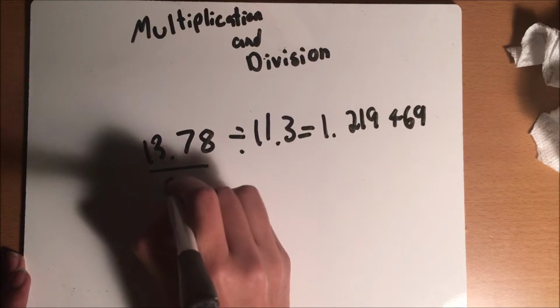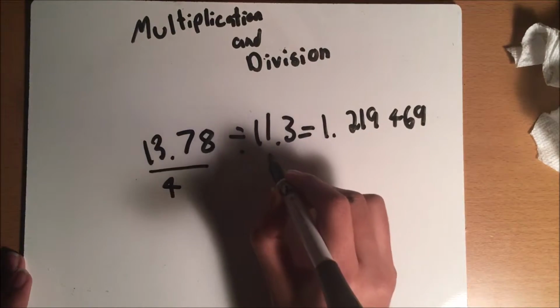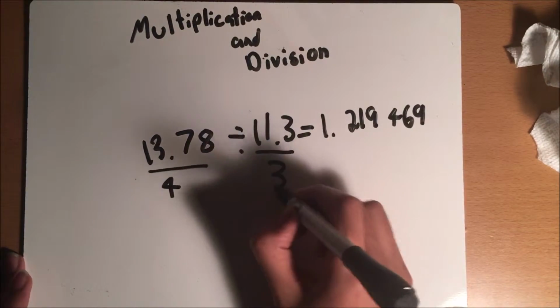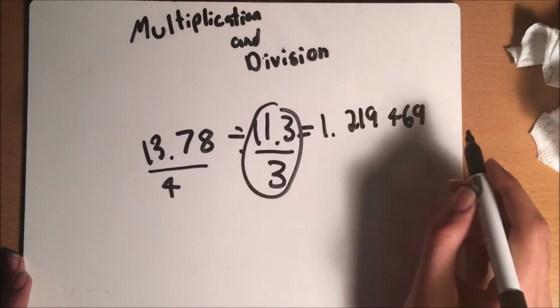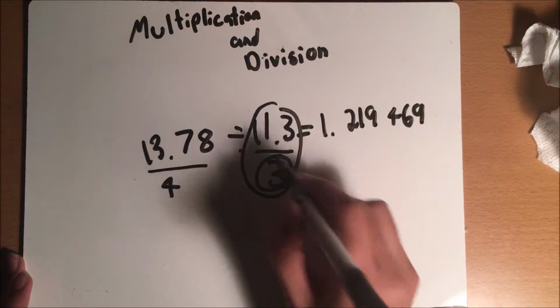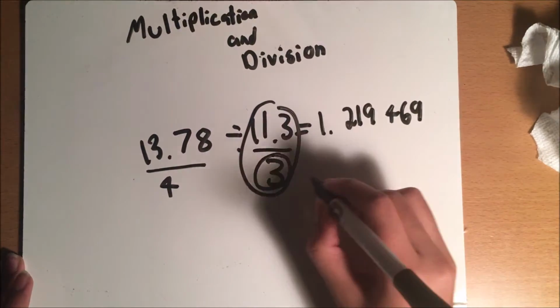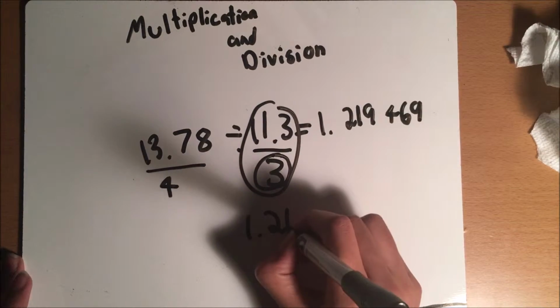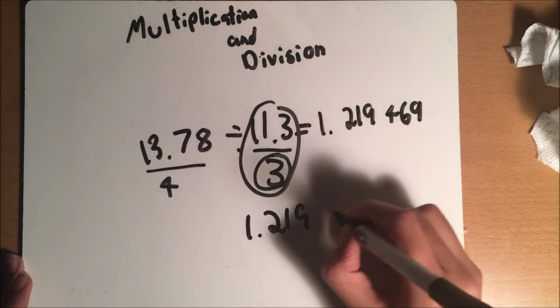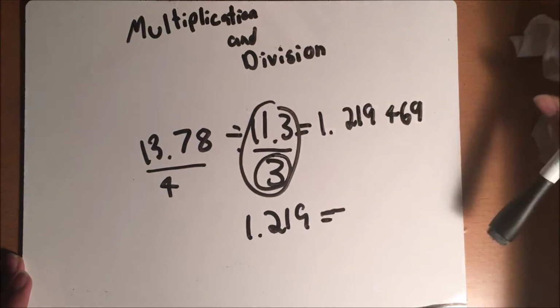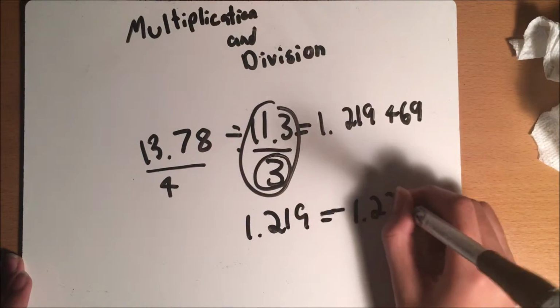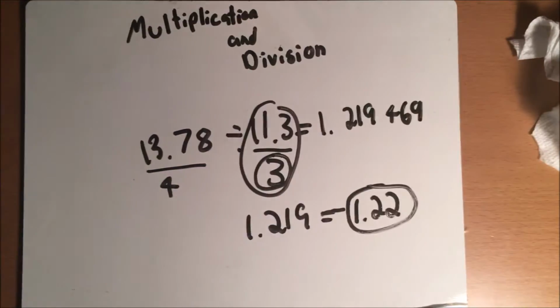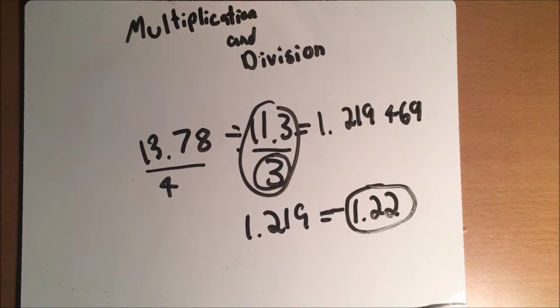This one has 4 significant figures, while 11.3 only has 3. And because this is the least, the end result should also have 3 significant figures. So the final answer is 1.219 rounded, which is 1.22. And that is how to multiply and divide using sig figs.